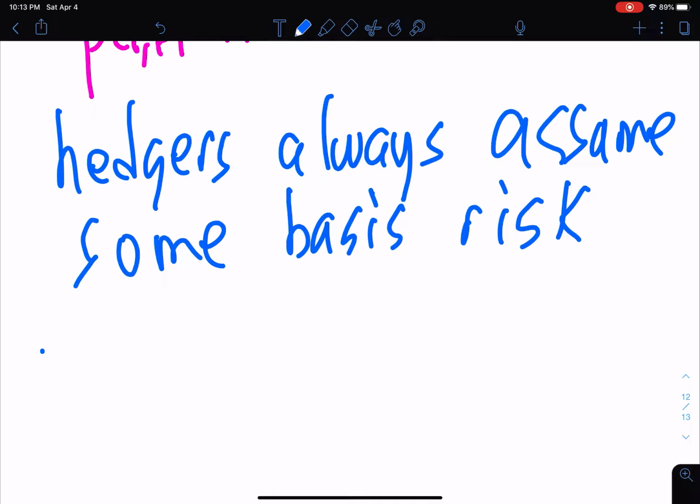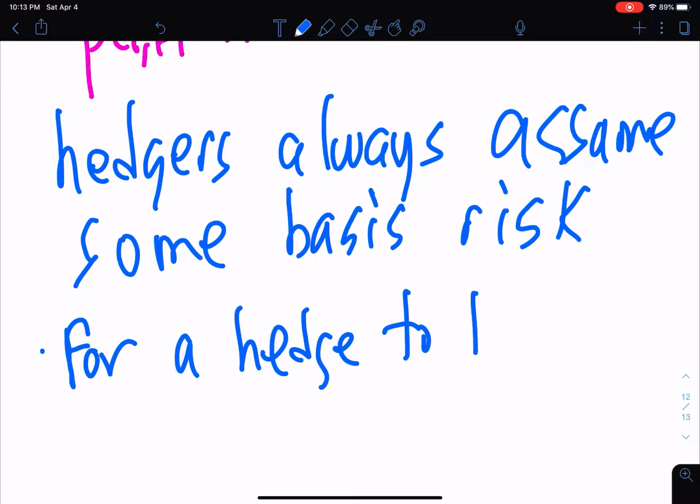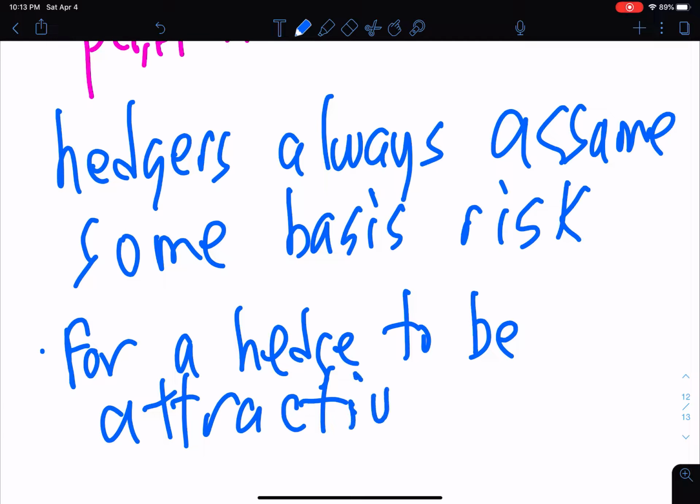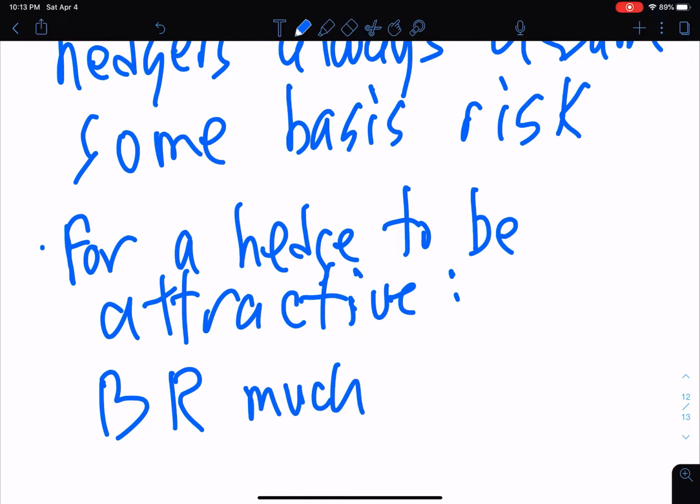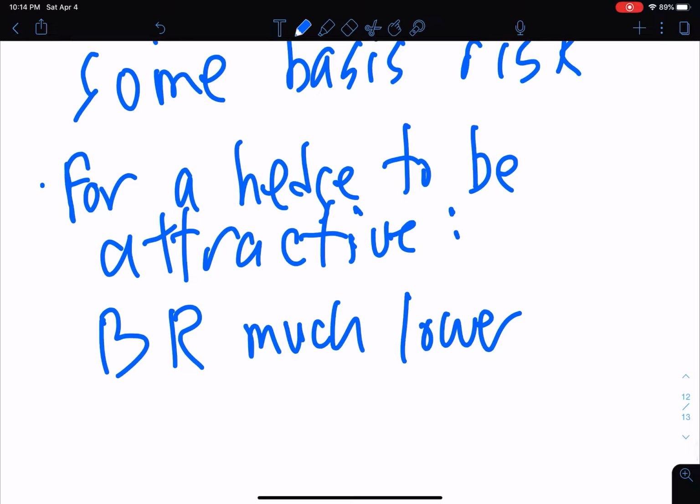For a hedge to be attractive, something that you would find appealing, the basis risk should be much lower than the hedger's price risk.